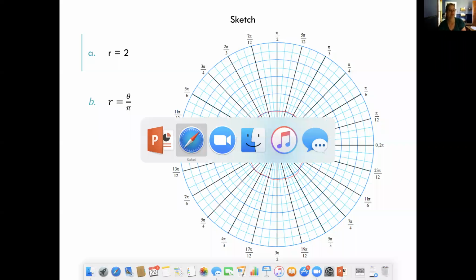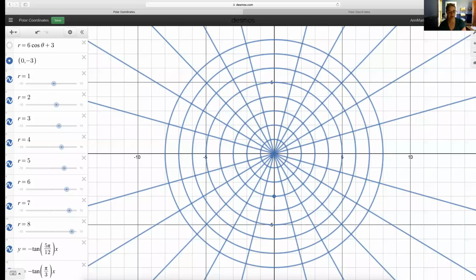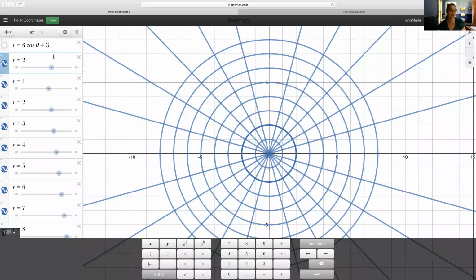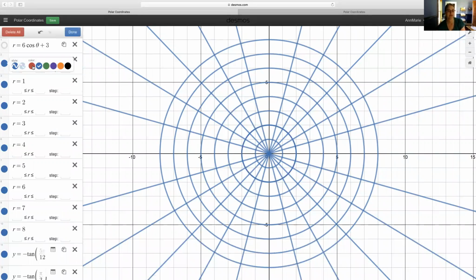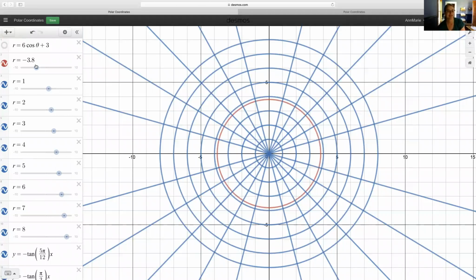In Desmos, we can just type r equals 2. Let me make this one be something other than blue so we can see it. Red's a good choice. And here we go, r equals 2. It is behind my other line, but you can see it there.